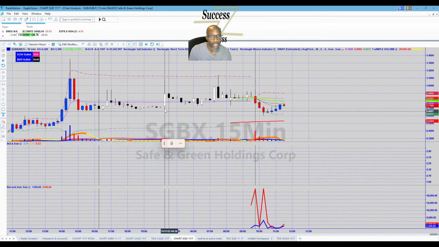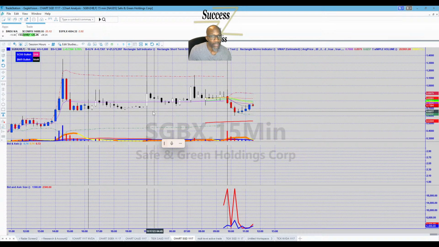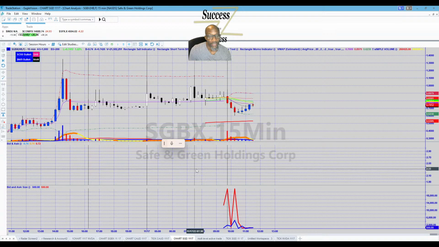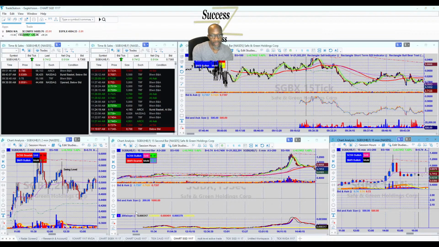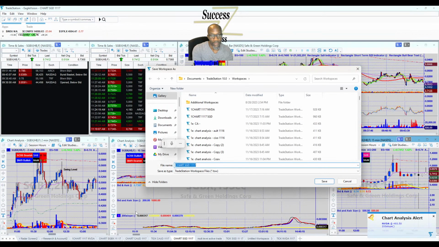Let's try the 15-minute chart. All right, so on the 15-minute chart, the volume weighted average price came into right here at point. No, that ain't right. This is SGBX. All right, side break. Let's rename that chart. SGBX. That should be this one.